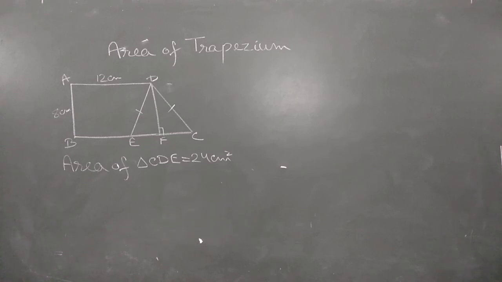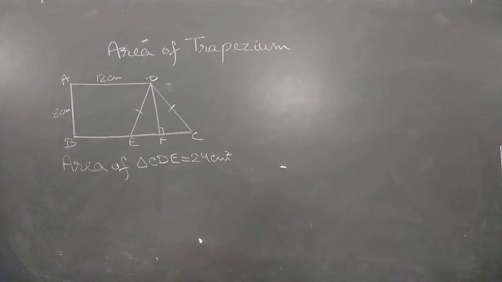As you are observing on the board, there is a diagram of trapezium ABCD, and in this diagram there is an isosceles triangle CED whose sides CD and ED are equal to each other, and DF is perpendicular to the base CE of the triangle. The area of triangle CDE is given to you. It is 24 centimeter square.